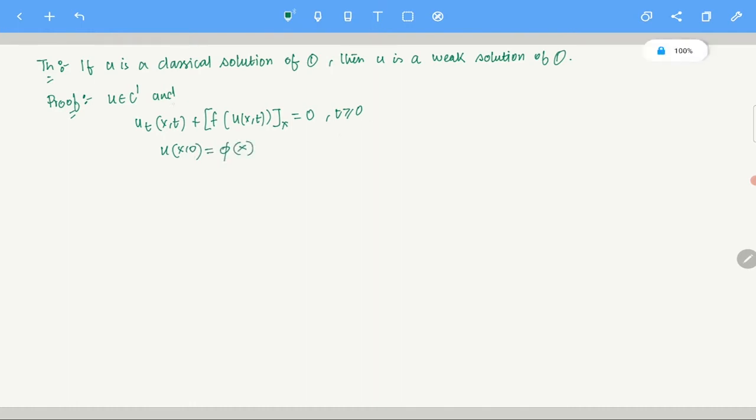Clear? So let's write it as 4. This happens for all x in R and t greater than 0. Clear? For every point you have this, there is a u which does this.